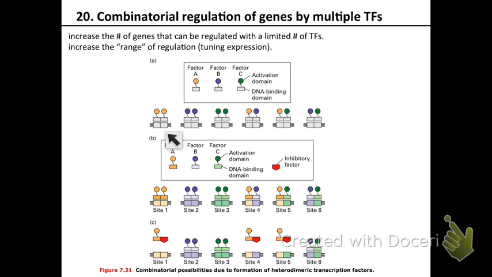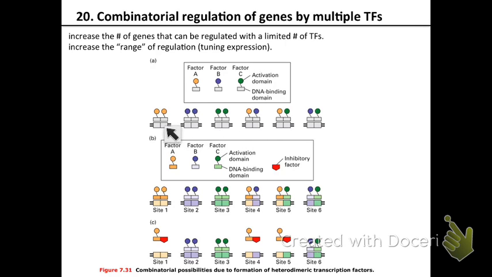What I mean by that is, for example, in a given cell type, you want to express this gene, but not this gene, right? If only transcription factor A was controlling this gene and this gene, they would both be expressed, right?